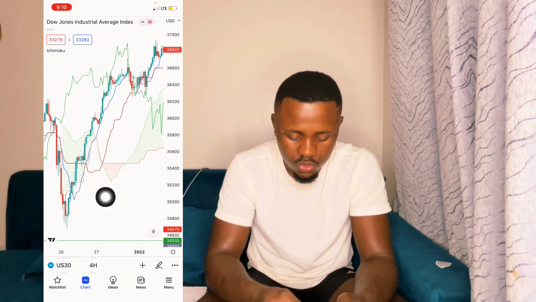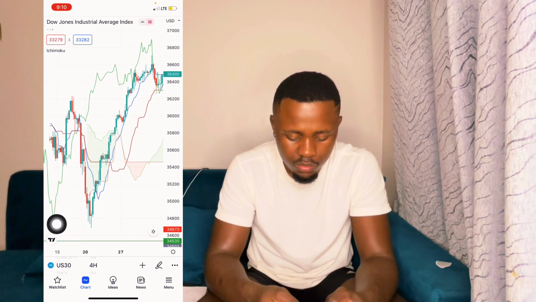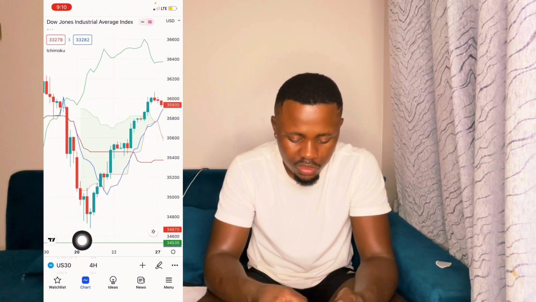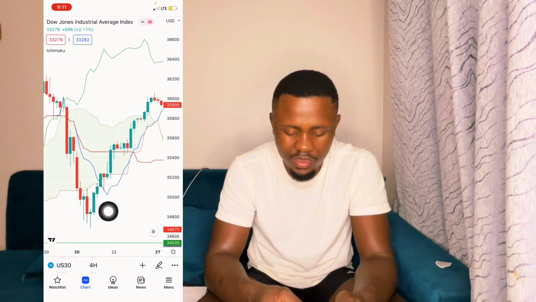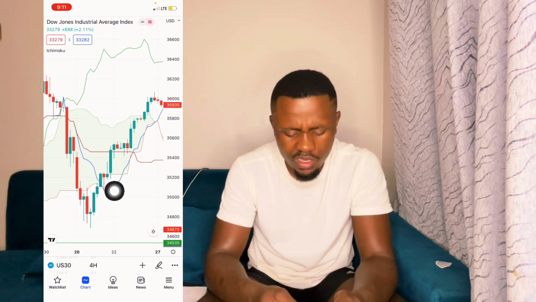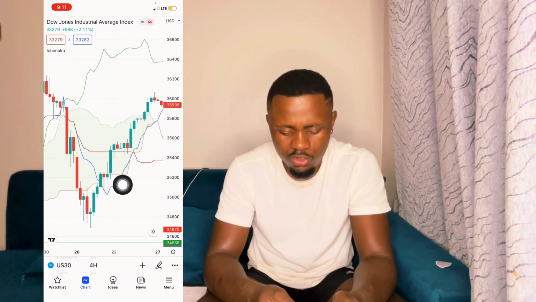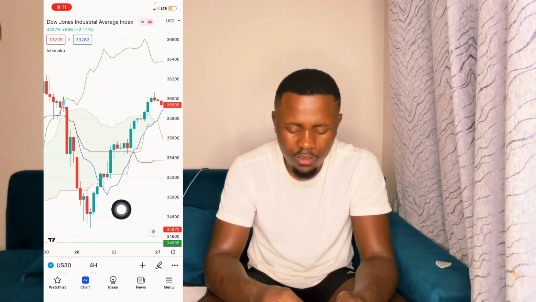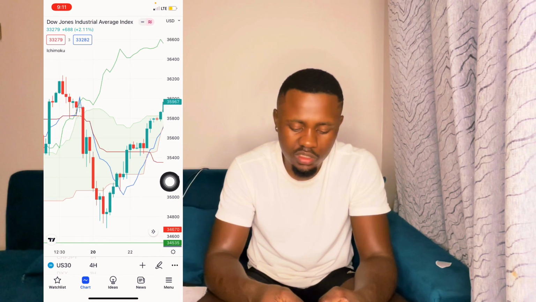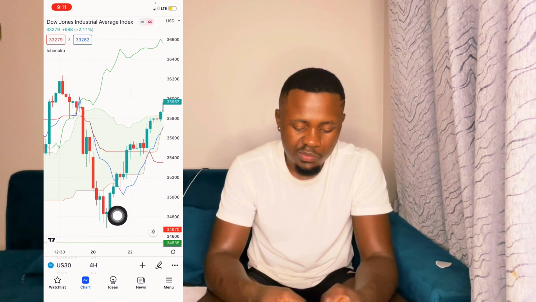From down here, most of you guys can't take trades, but for those who know candlesticks, you can see here we had something like a hammer, because its body was pulled up.